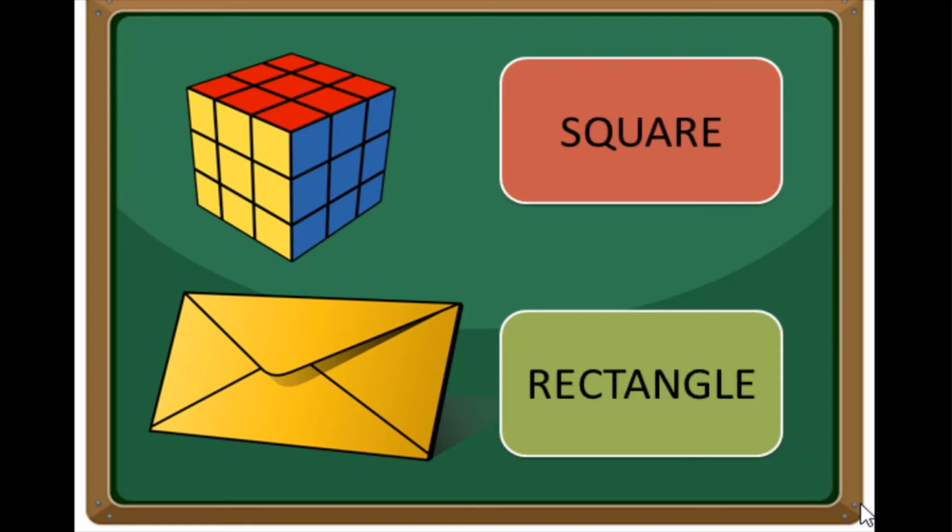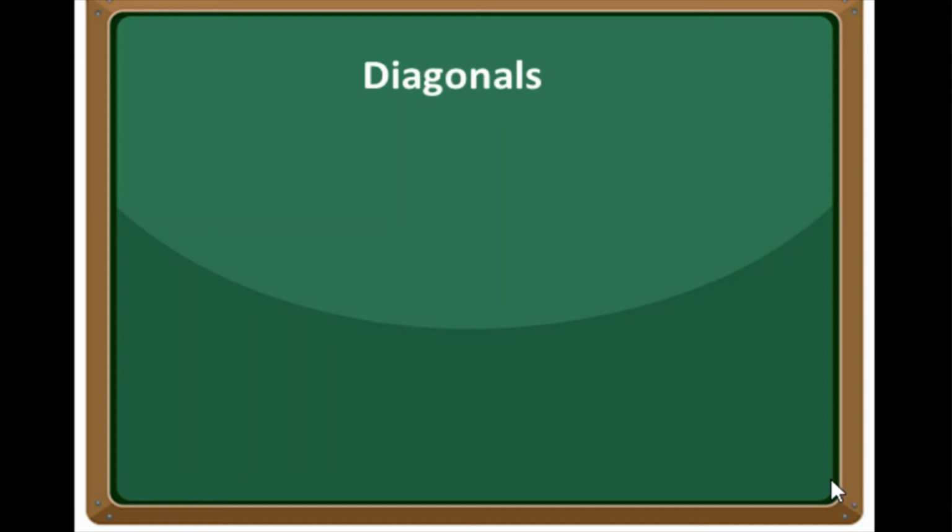Alright, we are now done with the square and rectangle. But wait, there's more. Do you know that when we have a square and rectangle, it forms what we call diagonals? Can you repeat after me?